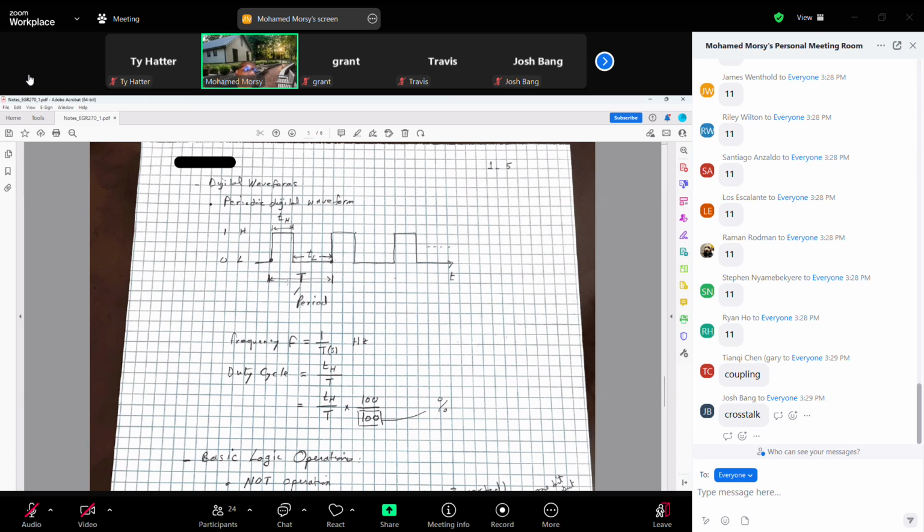Big T is called the period, which is the time interval between any two similar points. Like this point here and this point are similar points. This point here and this point are similar points.